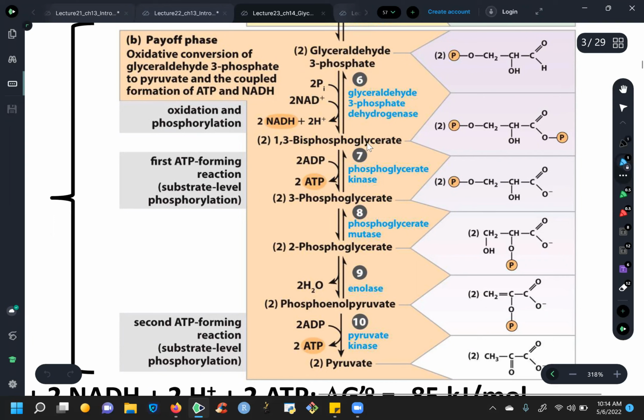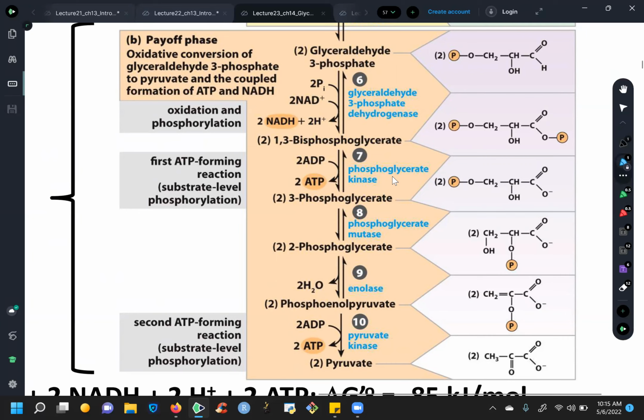So all it does is it adds another phosphate group and it removes some hydrogens, because here we're making NADHs. We're making 2 of them because we had 2 G3Ps, or glyceraldehyde 3-phosphates. So you see these 2 NAD pluses, now they're 2 NADHs. And we can see that we added the phosphate. So we have phosphate here and a phosphate over here.